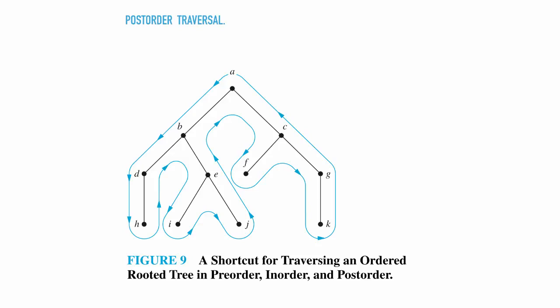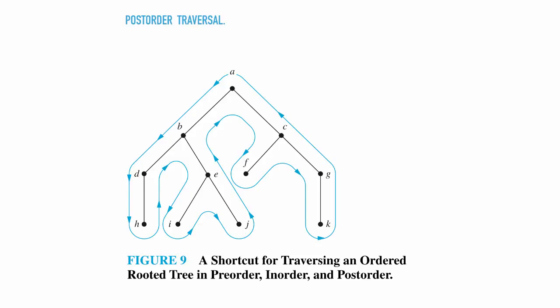We can list the vertices in in-order by listing a leaf the first time the curve passes it, and listing each internal vertex the second time the curve passes it. We can list the vertices in post-order by listing a vertex the last time it is passed on the way back up to its parent.